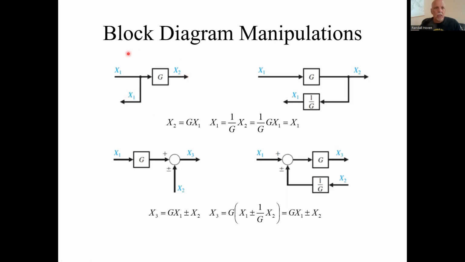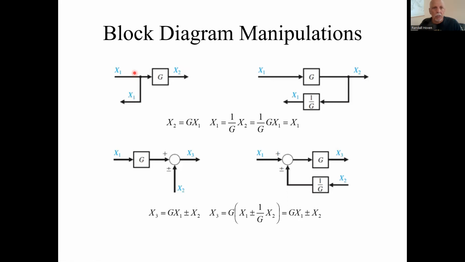Let's say this guy, for some reason, we would like to have this signal moved to the other side of this little transfer function. Well, the way to do that is this: we would need to divide by g on this way back. This x2 is just g times x1.